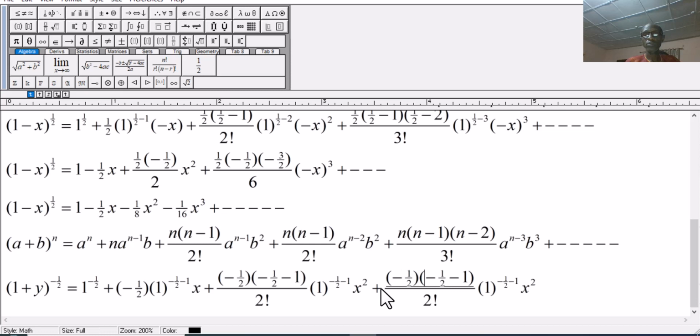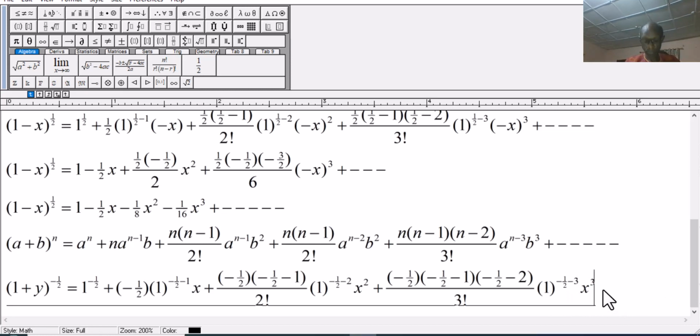So this becomes 3 factorial, and then we have minus half minus 2, and then this becomes, so this is 2, this is supposed to be 2, not 1, and then this is supposed to be 3, and this becomes 3 also.